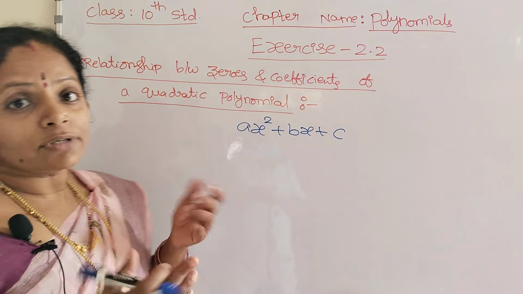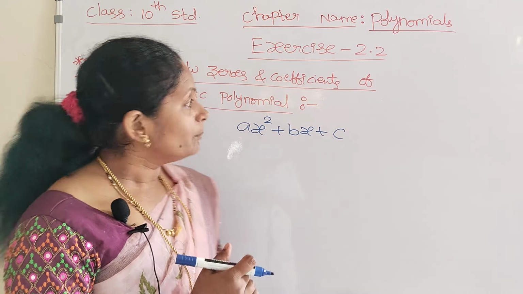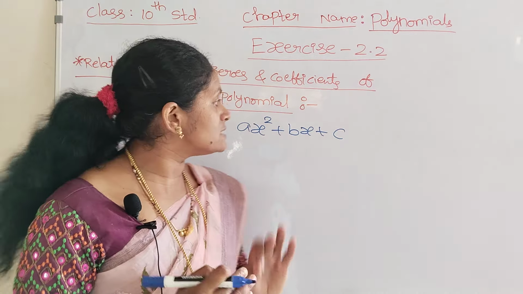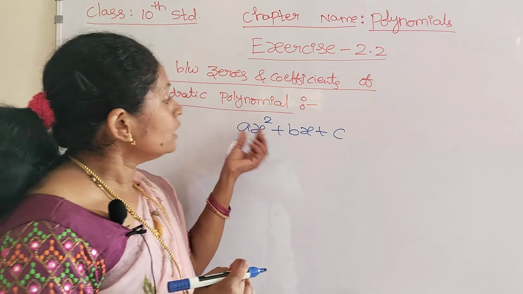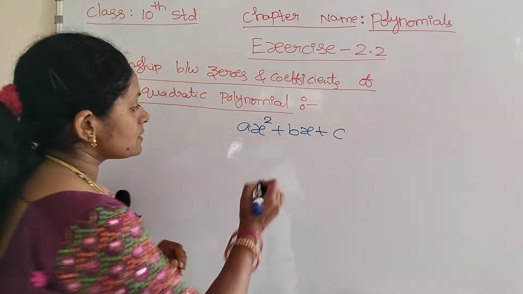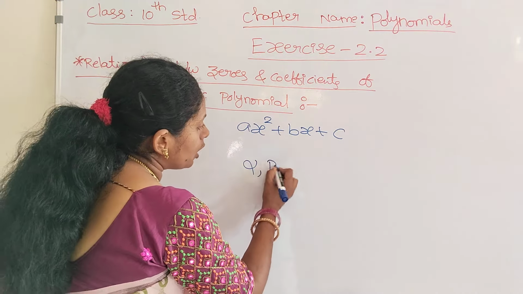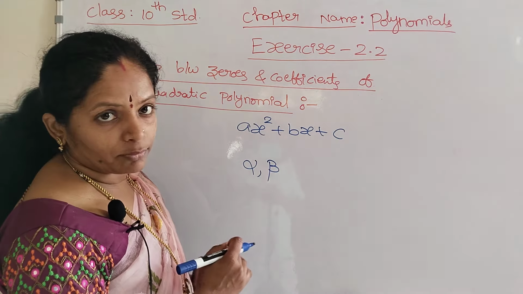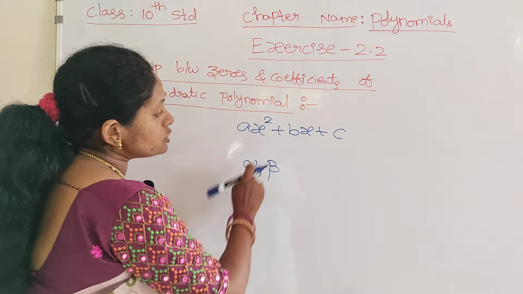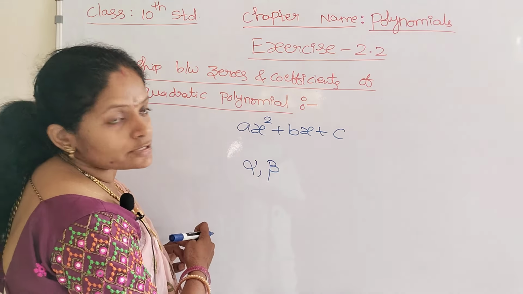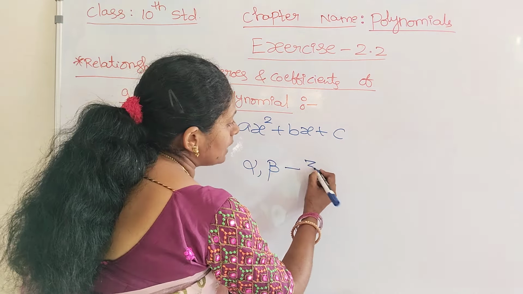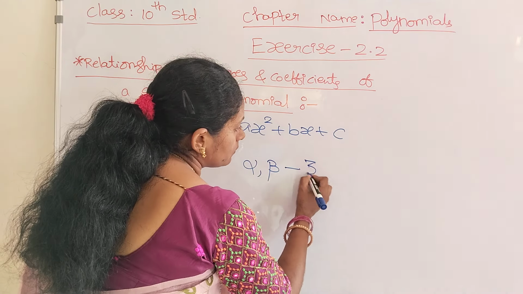Here we are discussing the quadratic polynomial, where the highest power is 2, so the maximum number of zeros is 2. Let alpha and beta be the zeros of this polynomial.